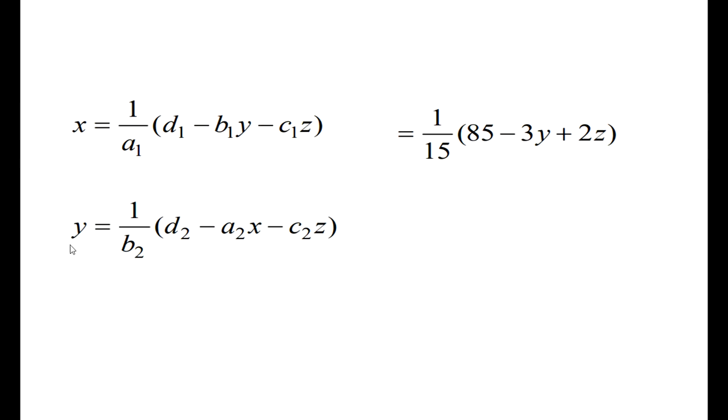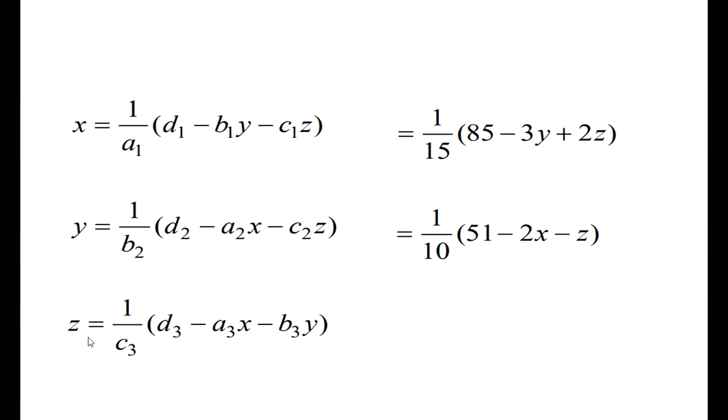Now for the second equation, we can separate the value of y as y is equal to 1 upon b2 in bracket d2 minus a2x minus c2z. Put the respective values of b2, d2, a2, c2. You will get 1 upon 10 in bracket 51 minus 2x minus z.